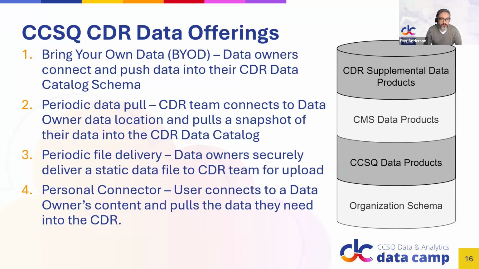We have other refreshes where we do a periodic data pull, where a CDR team will connect to the data owner's data location and pull a snapshot of their data into the CDR data catalog. Occasionally, there are periodic file deliveries, where data owners will securely deliver a static data file to the CDR team for upload.